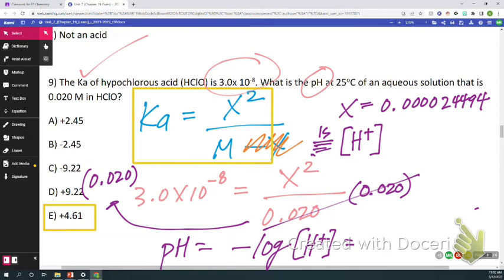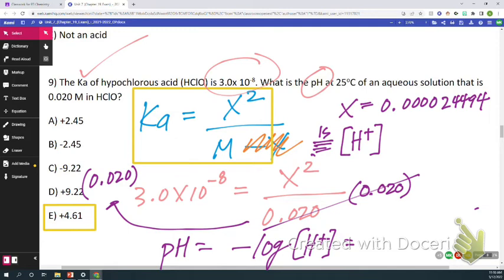This is the hardest problem of the test. All you have to remember is that equation that's in gold. Ka is equal to x squared over M. They give you M, and they give you Ka. So you have to solve for x, and then negative log the x. And that's the pH.